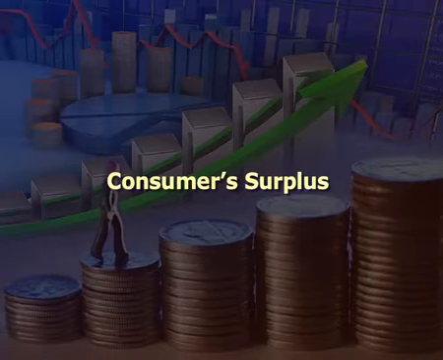Now let's discuss consumer surplus. Dupuit first gave the concept of consumer surplus in 1844, which was further refined by Marshall. This concept is extremely important in welfare economics as well as for the formulation of economic policies by the government, because it deals with the satisfaction aspect of the consumers.